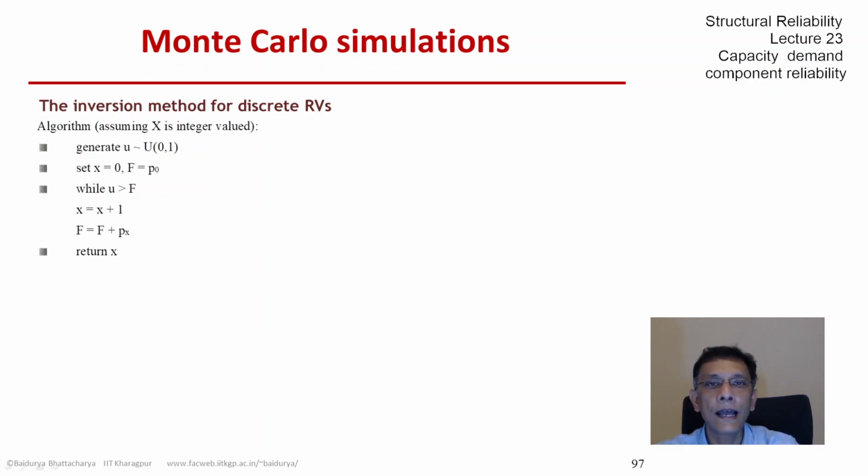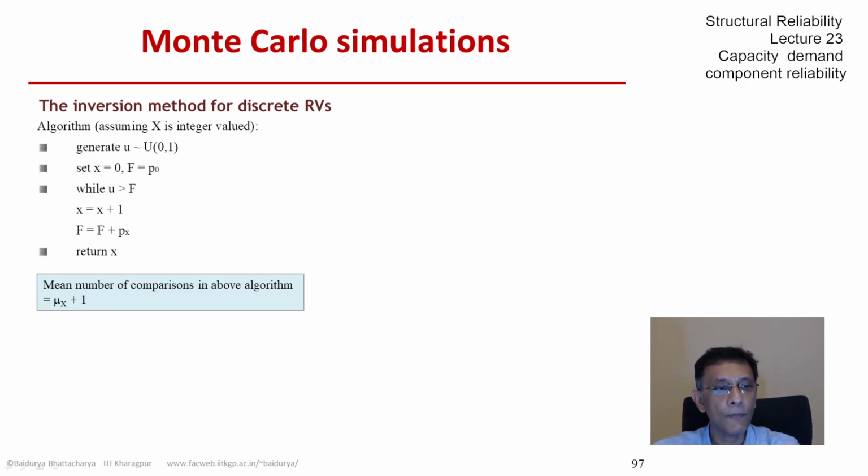And then as long as the CDF has not exceeded u, we keep going through the loop, and the very first time that CDF exceeds the uniform deviate generated, we exit the loop and return the value of x, the integer. The mean number of comparisons is mean of x plus 1, so it could get a bit computationally intensive, but that is the price of using the inversion method.